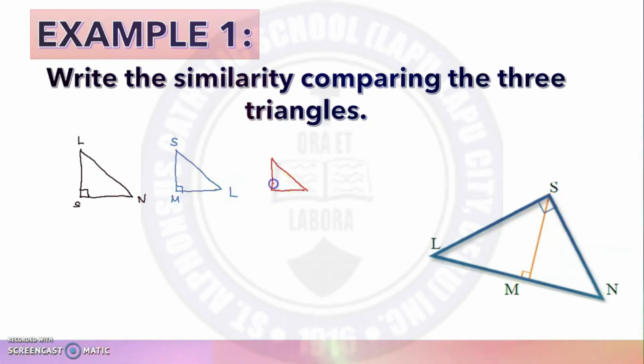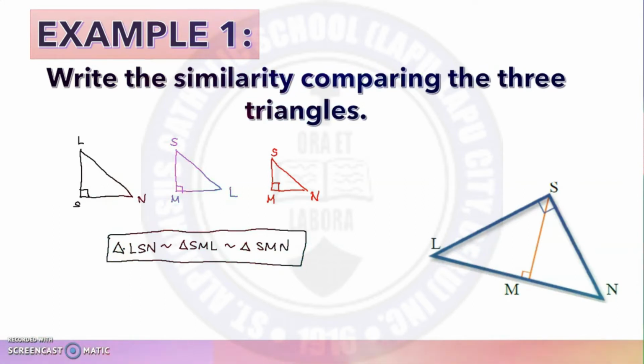Lastly, the right triangle SMN. Therefore, we could write the similarity: triangle LSN is similar to triangle SML and also similar to triangle SMN. And this is now the answer to our problem.